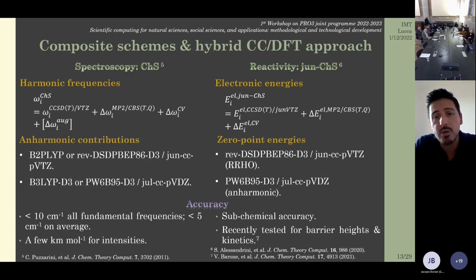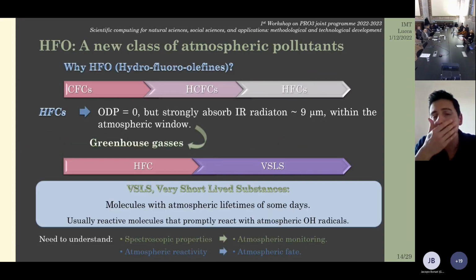On the other hand, for what concerns the prediction of reaction energies and barriers, we can achieve a subchemical accuracy. And actually, we are applying these computational strategies to understand and to simulate the spectroscopic properties, as well as the degradation reaction mechanisms of a family of compounds called the hydrofluoroolefins.